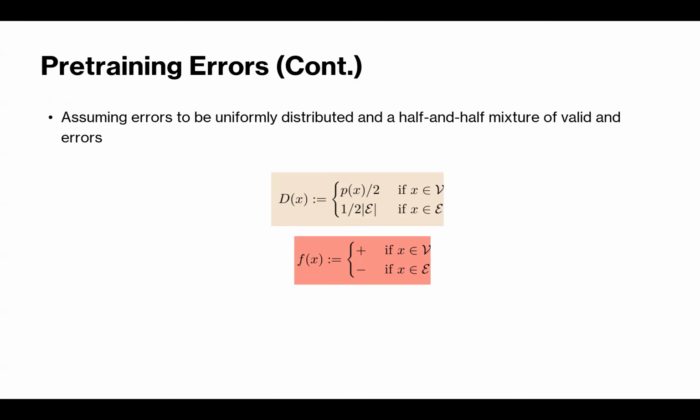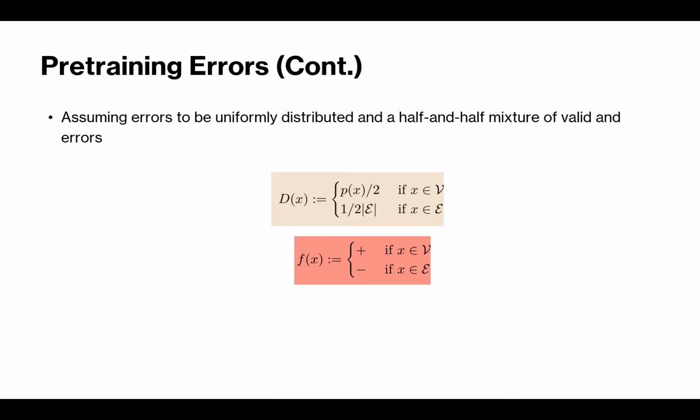Because error is uniformly distributed, the PEx is 1 by the cardinality of E. It's like having a die and rolling it, there are equally likely all 6 outcomes, so it's 1 by 6, right? So by doing that, we come up with a value of 1 by 2 cardinality of the error.